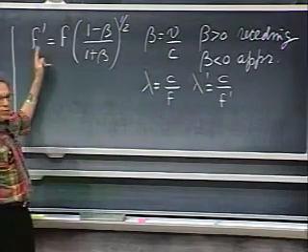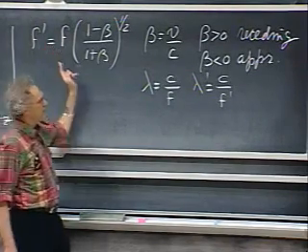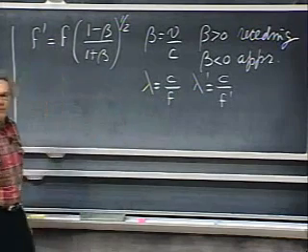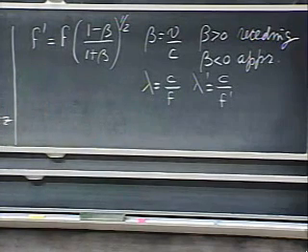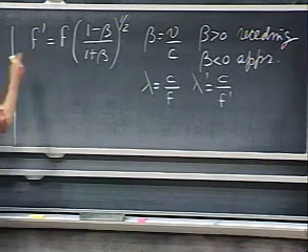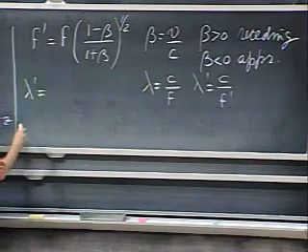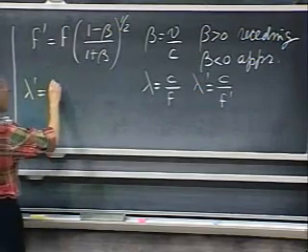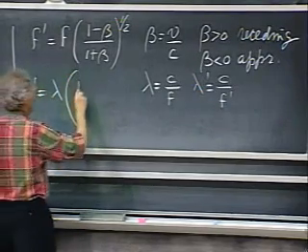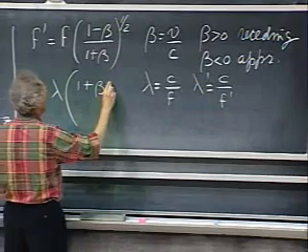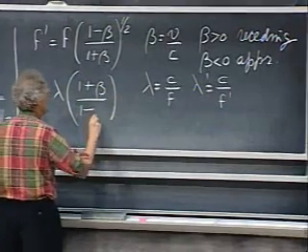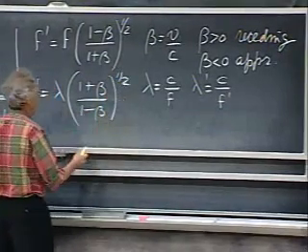So I can substitute in here, in this f, c divided by lambda, which is more commonly done. So this Doppler shift equation for electromagnetic radiation is more commonly given in terms of lambda. But of course the two are identical. And then you get now 1 plus beta upstairs divided by 1 minus beta, to the power 1/2.